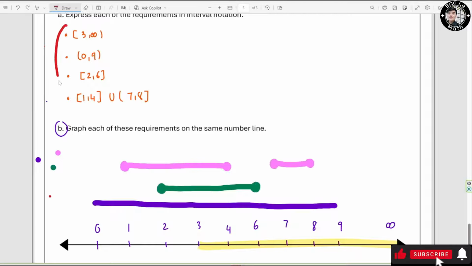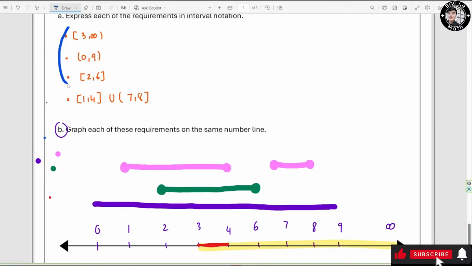We need to find the intersection of all of these right here, which is the pink, the green, the purple, and the yellow. Right? So observe that it should be this interval right here, 3 and 4. Now the second one, we need to find the intersection of this guy right here.